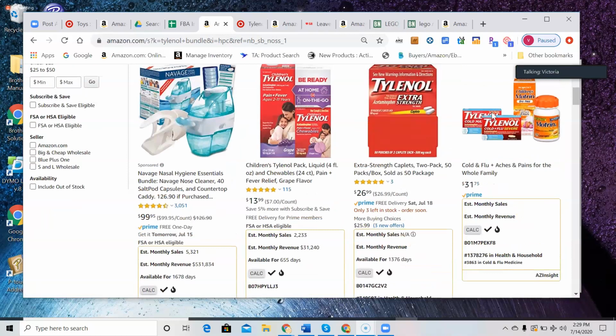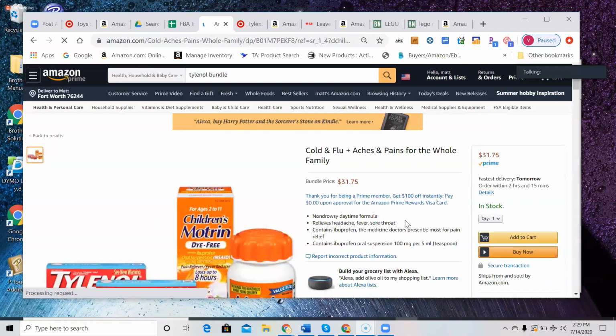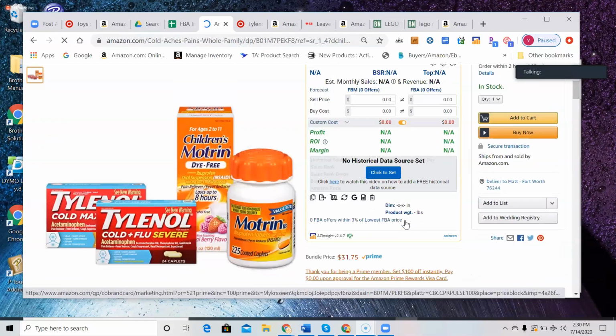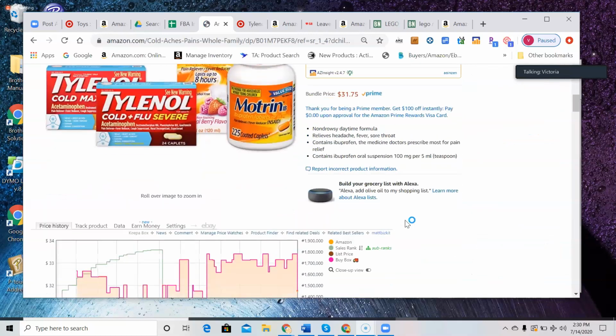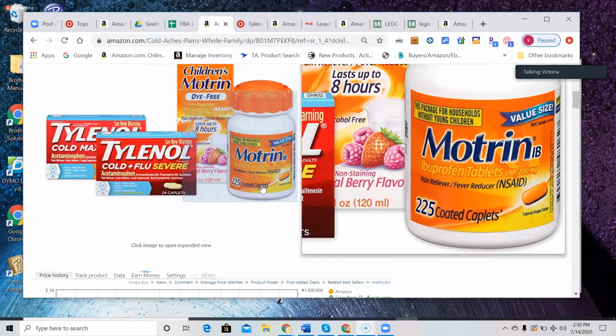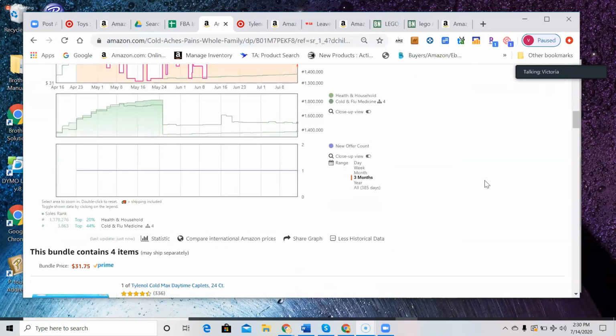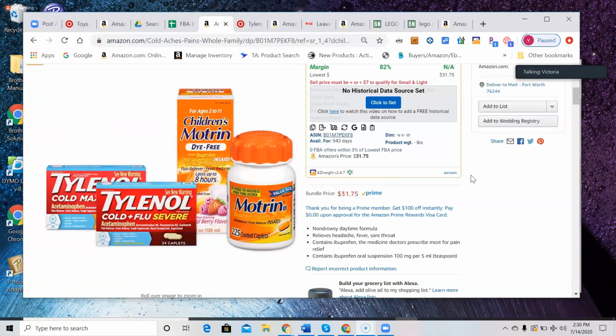Let me move you guys. So a Tylenol and a Motrin. You'd have to look up each one individually, but for $31 it looks like it might be good.